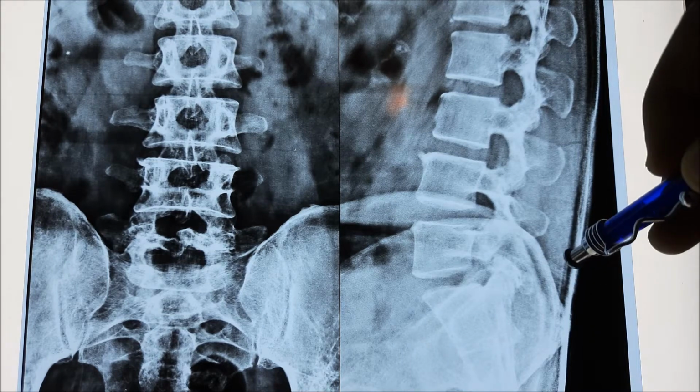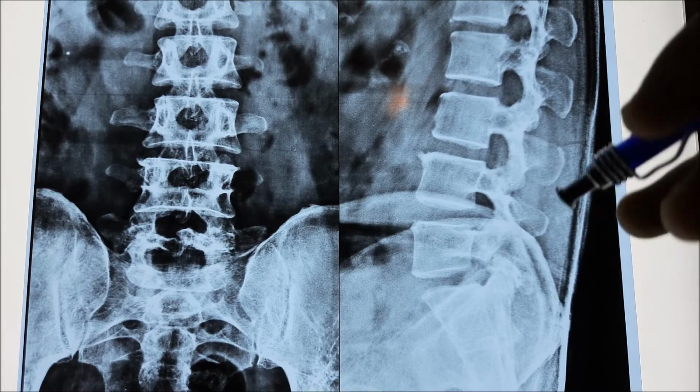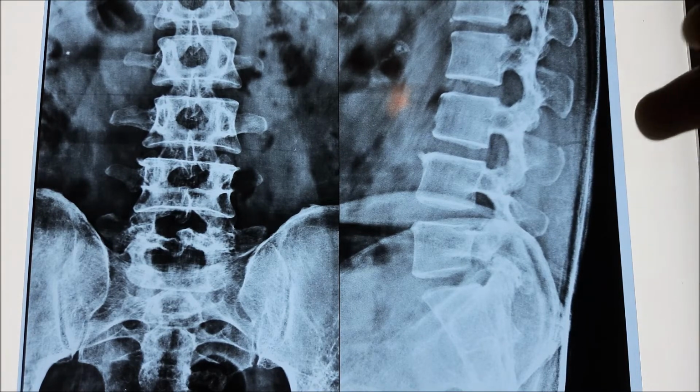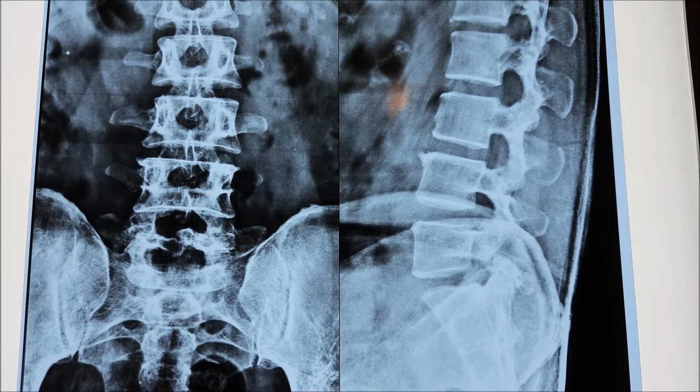After that he did not have much pain, but whenever he bent forward, the pain would come. With this history, he went to a few physicians, who prescribed a few analgesics, and he has taken I think two or three steroid injections. The pain still did not subside. After that he consulted us, and we had him do the X-ray.